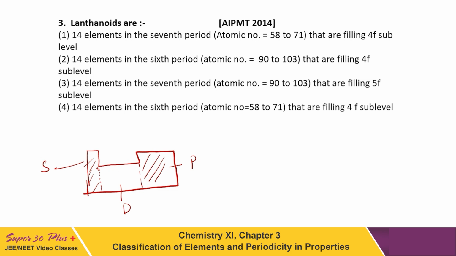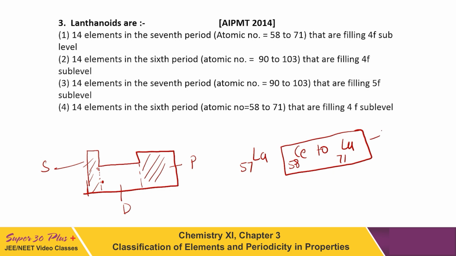But after element number 57, which is lanthanum, the 14 elements from number 58 cerium to number 71 lutetium are placed in the 4F series, in which the 4F subshell is filled, and they are members of the F block.